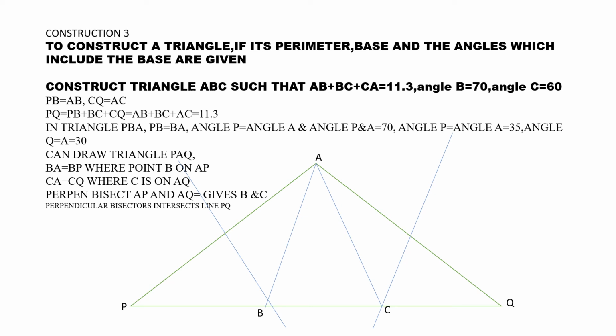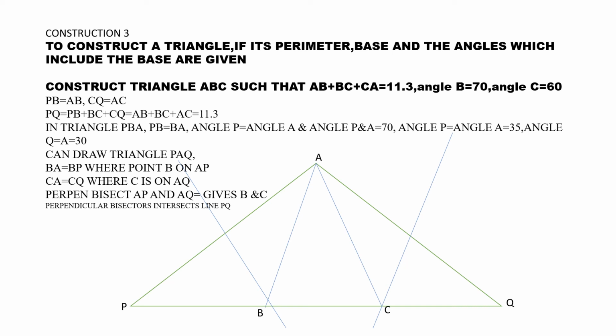So first, to draw this type of triangle, you have to consider any point by yourself. Suppose here I am taking PQ as a base, and this line will be the full 11.3 centimeter that you have to draw with the help of a scale, a straight line.